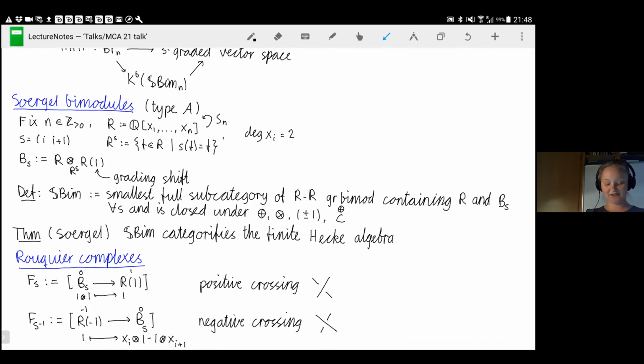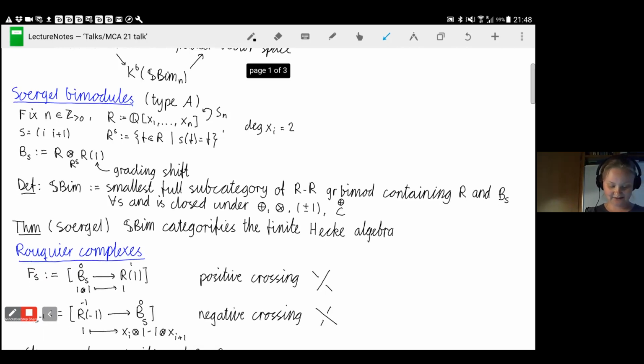But for the purpose of my talk, I only need these simple things, because what I need is what are called Rouquier complexes. I want to build something corresponding to a braid. So I need to say what I do to a positive crossing, or to a negative crossing, and this is the answer.